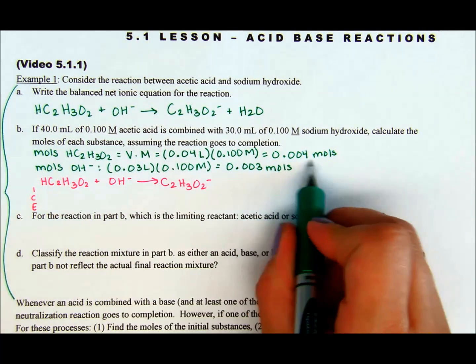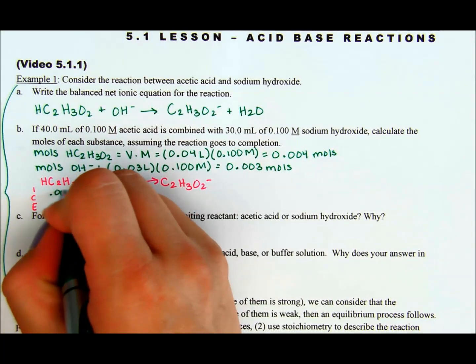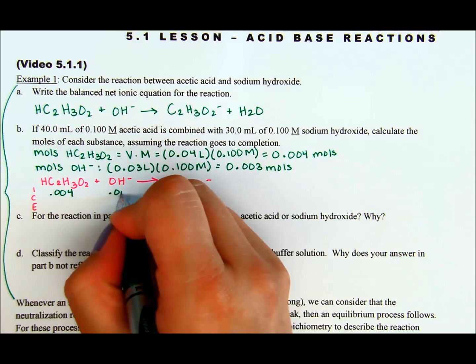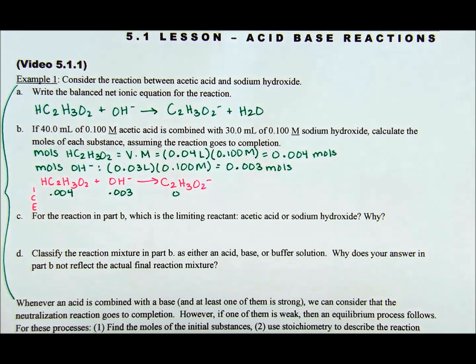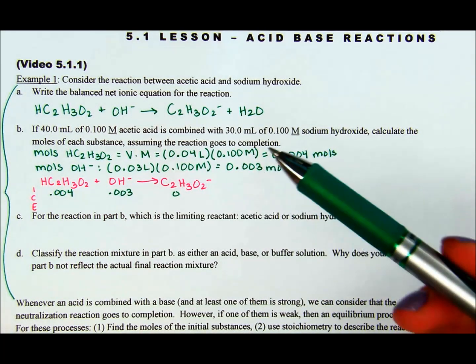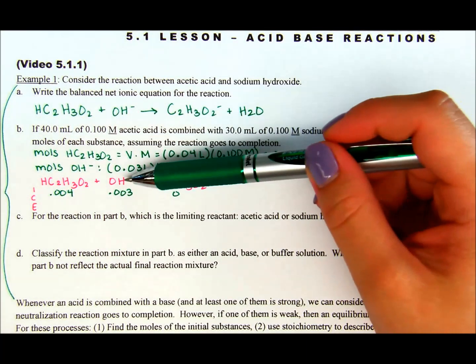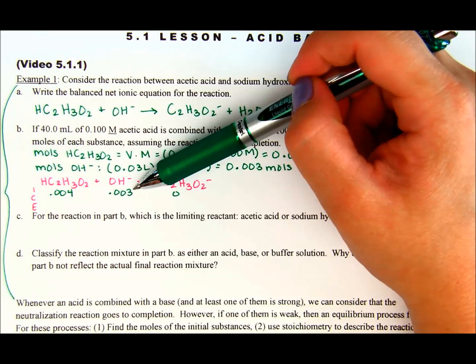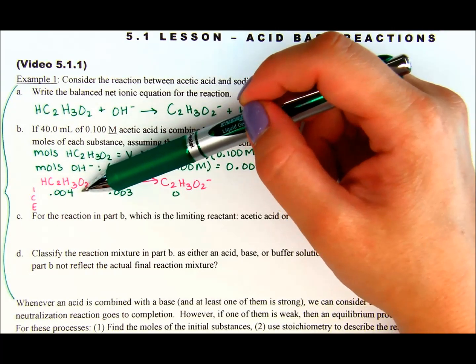Starting here with 0.004 moles, starting here with 0.003 moles, and I haven't made any of the acetate yet. Assuming this goes to completion means at least one of these gets totally used up. The one that has less is going to get all used up, and there's going to be a little bit left of the other.